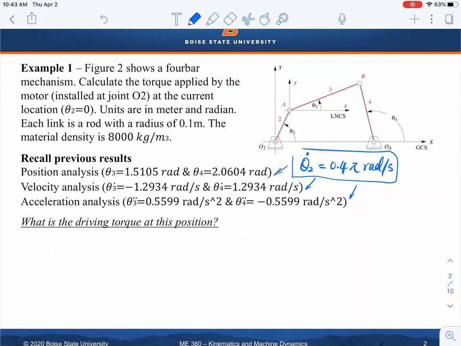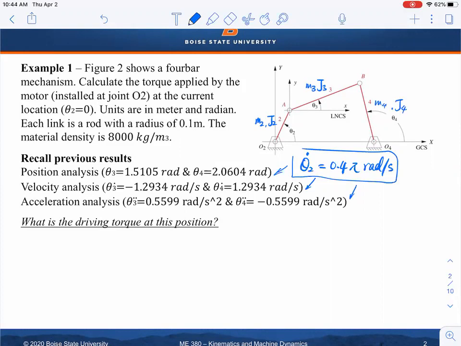Okay. So here we have a 4-bar linkage. That's a general form. And we know that it's made of steel. And then we know the dimension of each link. So you can easily calculate the moment of inertia and mass. So let's name them M2, J2, M3, J3, M4, J4.